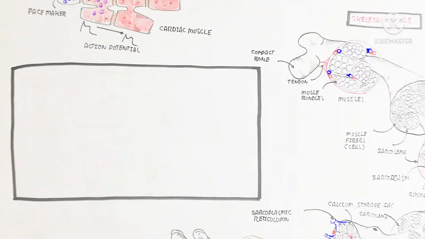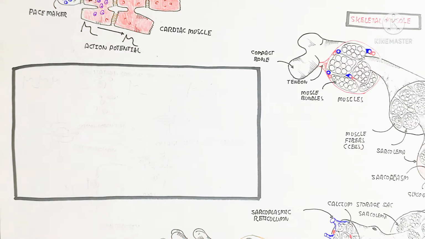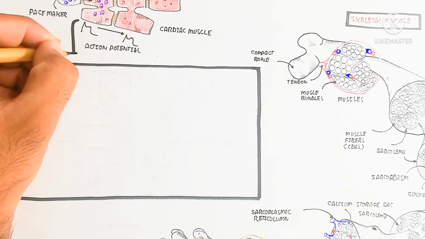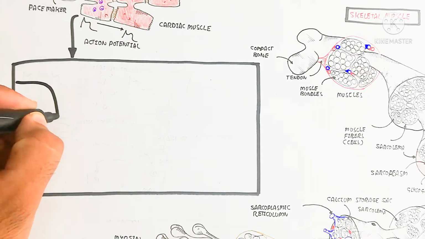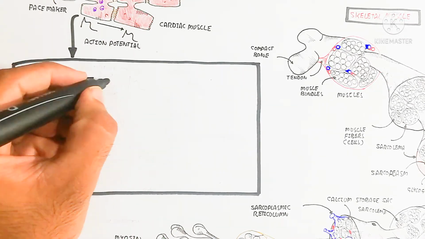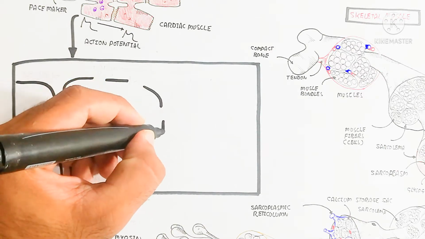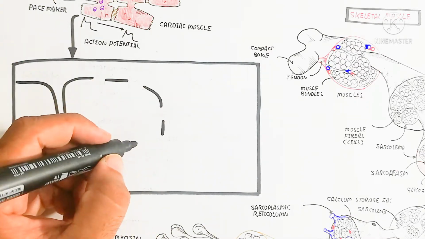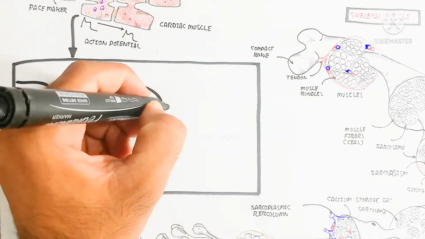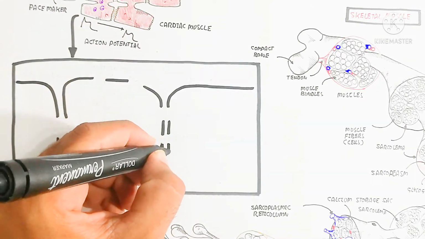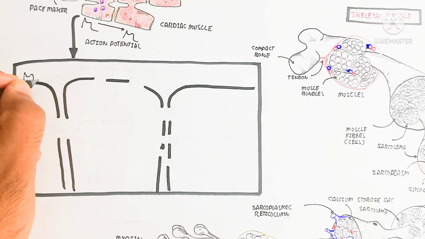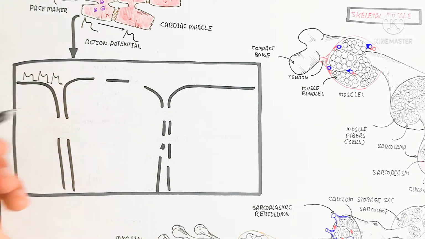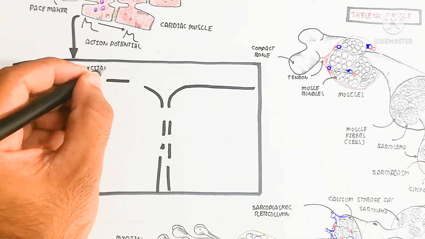So let's begin to understand the action potential with a bigger picture. After the stimulation of the pacemaker through a nerve impulse from the sympathetic division or parasympathetic division, both are able to produce fast or slow contraction.